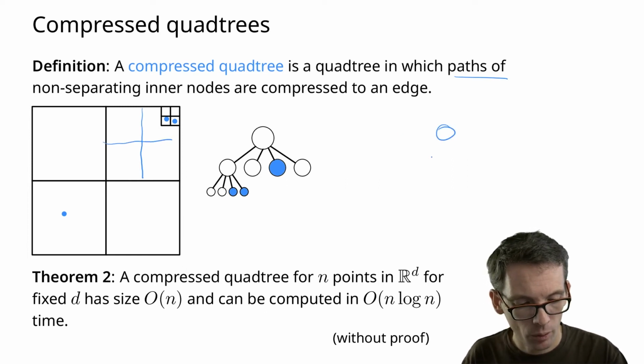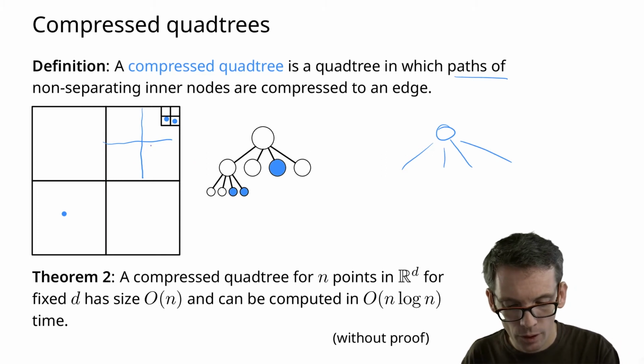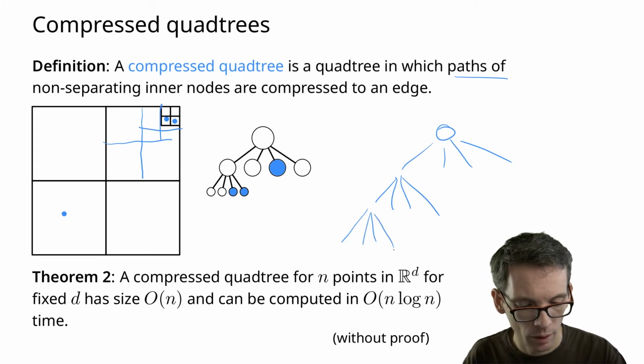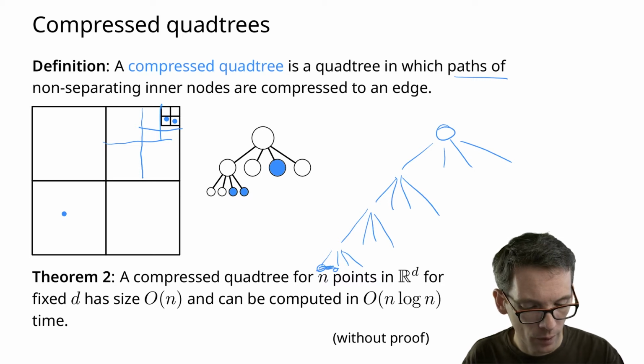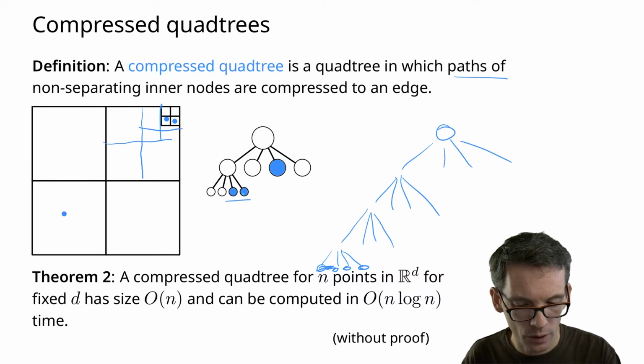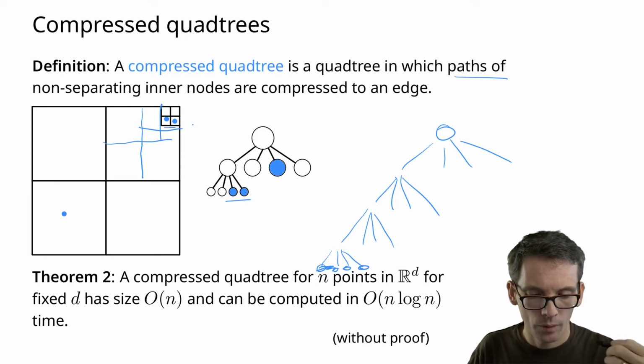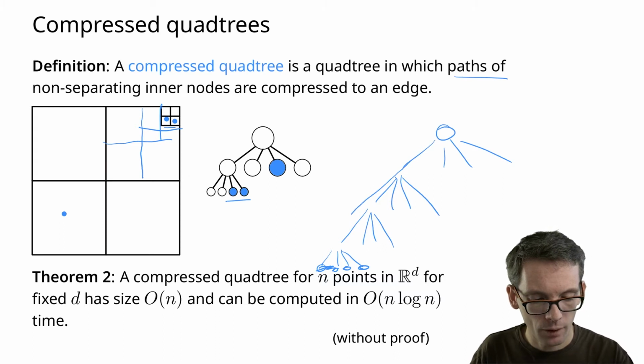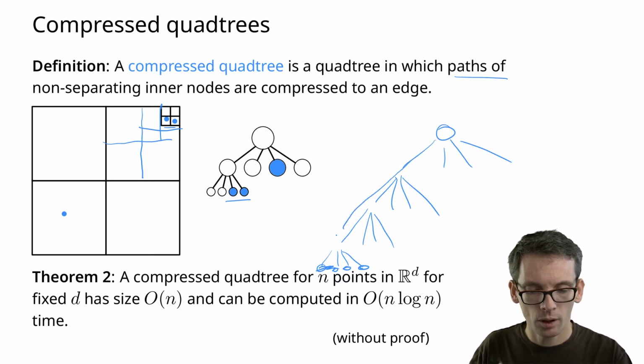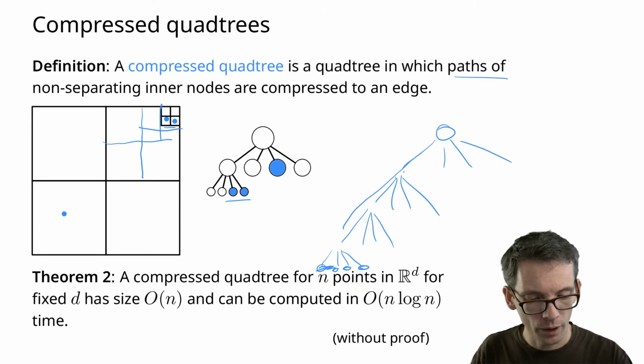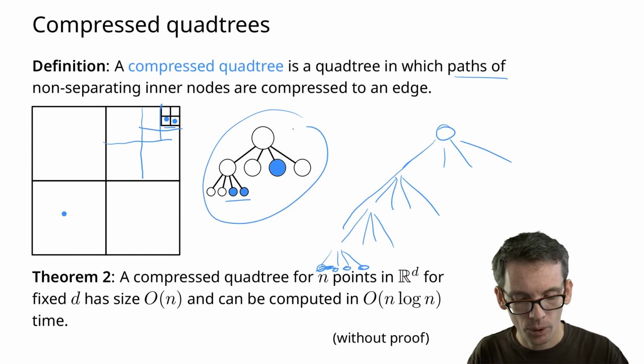So here in my quadtree, I would first have to split into 4, then split into 4 again, then split into 4 again, then split into 4 again, and only now get different squares for these 2 points here. So the idea is that if I have a path in my quadtree that does not separate any points, I'm compressing that. So I'm removing unnecessary nodes. So here the compressed quadtree looks like that.